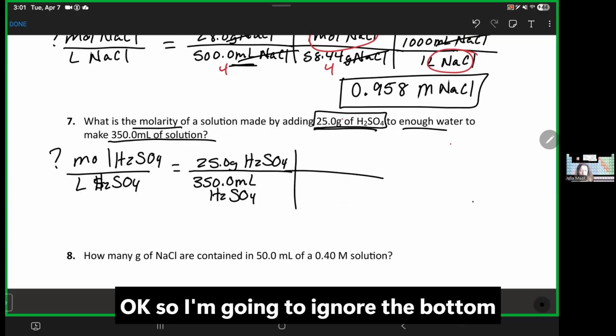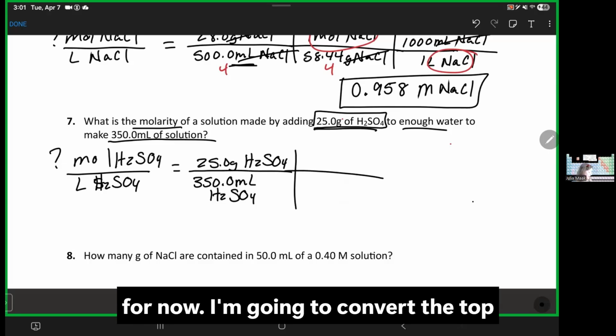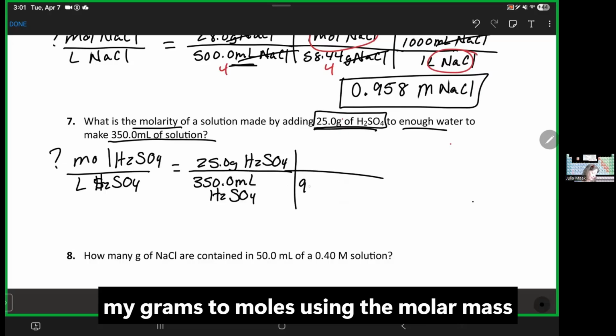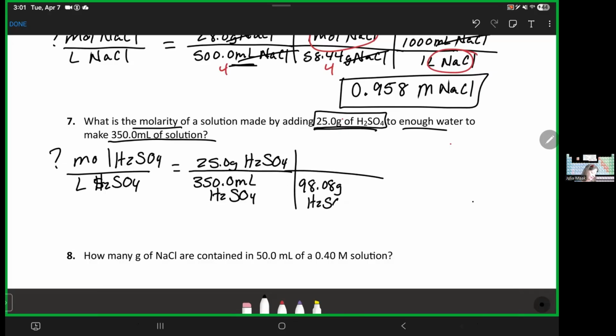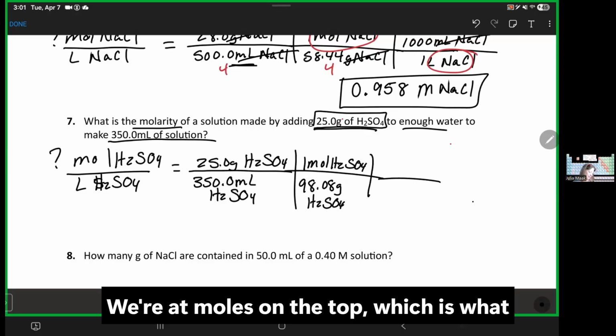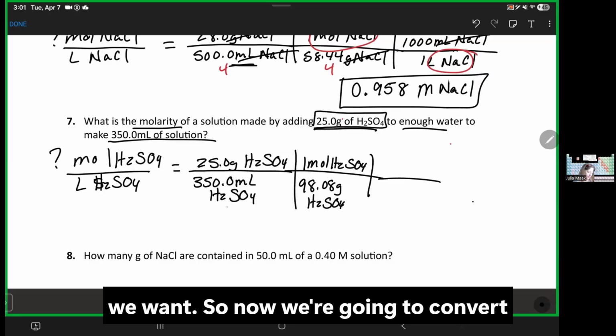Okay, so I'm going to ignore the bottom for now. I'm going to convert the top, my grams to moles using the molar mass. And sulfuric acid weighs 98.08 grams in 1 mole. We're at moles on the top, which is what we want. So now we're going to convert our milliliters into liters.